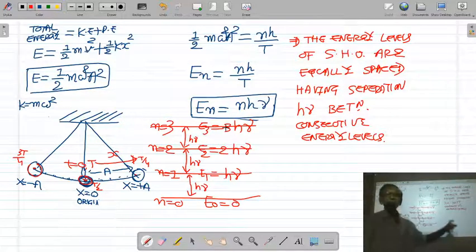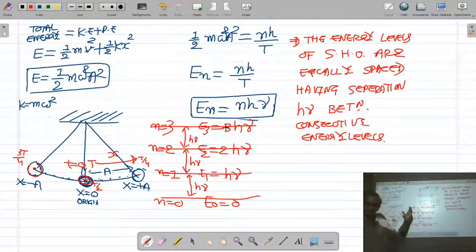And the separation between consecutive discrete energy levels of the harmonic oscillator is h nu. So the energy levels of the harmonic oscillator are equally spaced, having energies h nu, 2h nu, 3h nu, and the separation between two energy levels is constant, that is h nu.